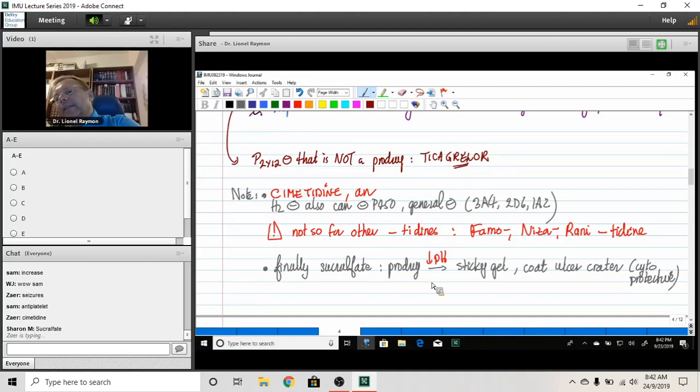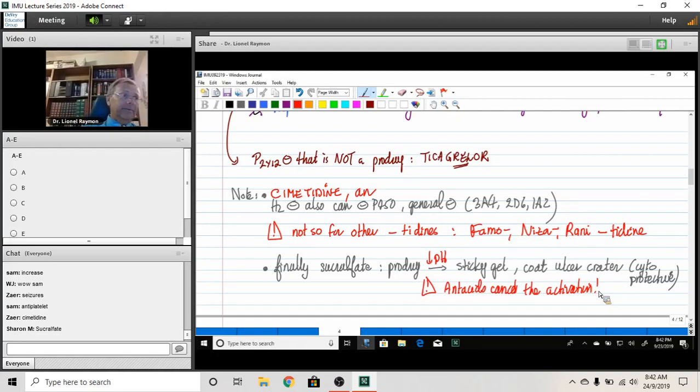Of course, here your danger is acid, which cancels the activation. So this one, it's the pH. That's the issue. And there we go. Hopefully that takes care of drugs used for peptic ulcer disease, dyspepsia type of setting.